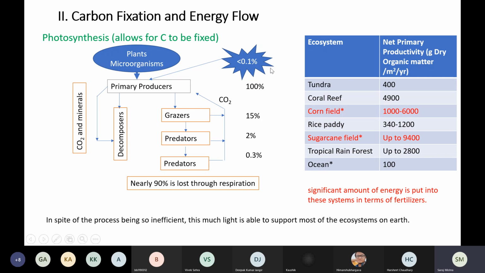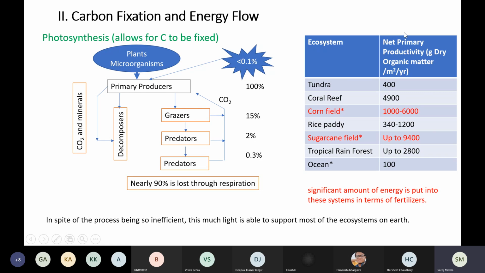If the total radiation which is incident on the earth is considered as 100%, then at every trophic level, there is a loss of 90% of that energy through respiration, and only 10% moves into the next trophic level. That's what the numbers mean. Okay, so is this point clear to everybody? Yes, ma'am, it is.